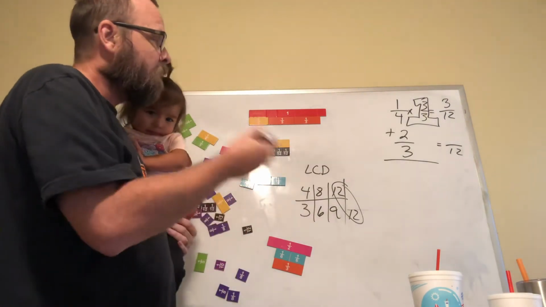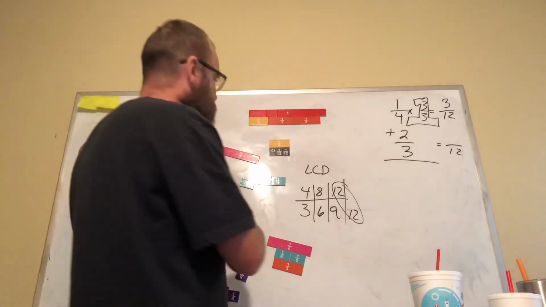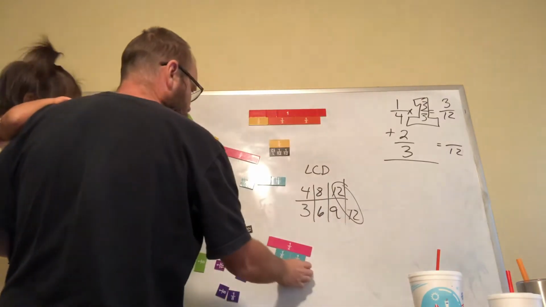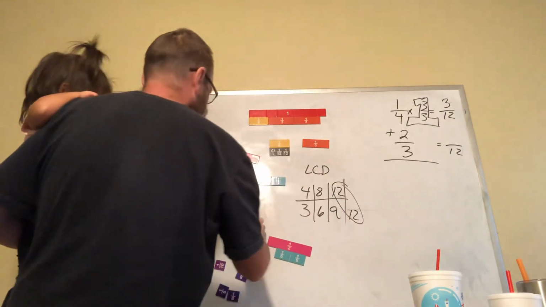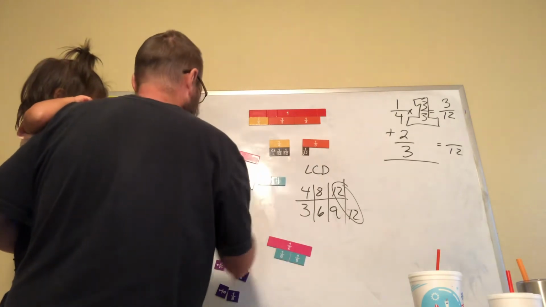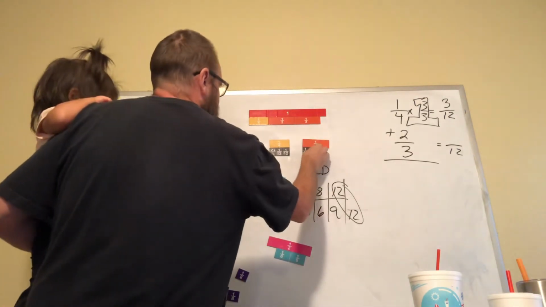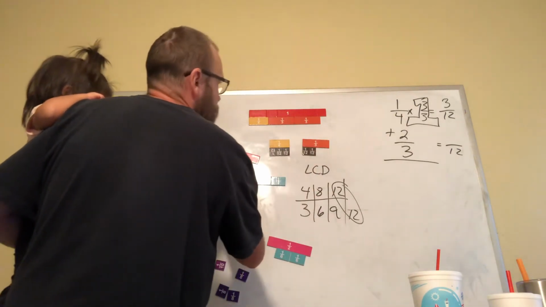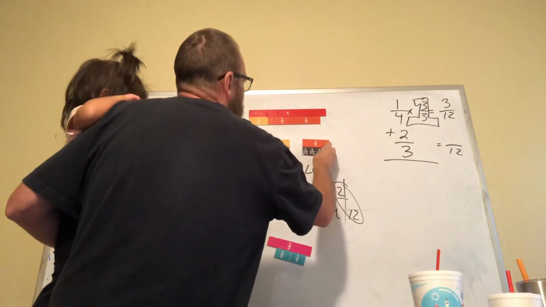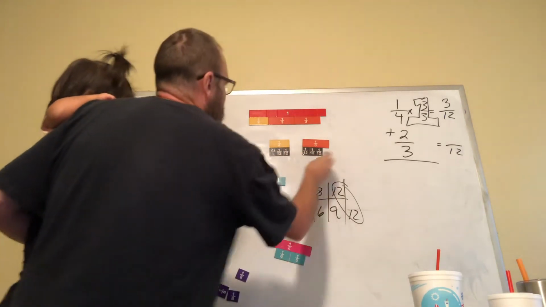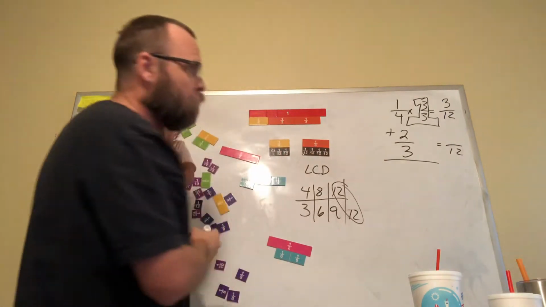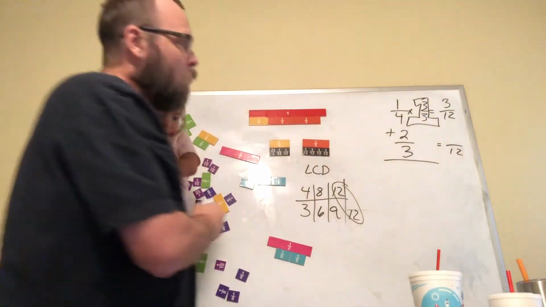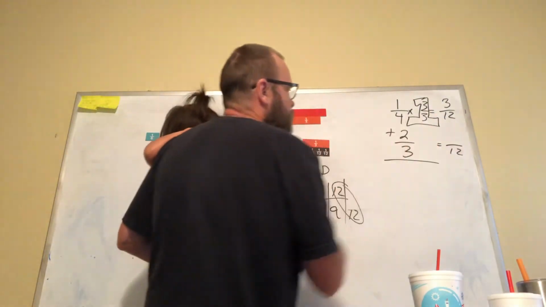Now I need to do the same thing with 2/3. So I could take 1/3, and I could see how many 12ths are in 1/3. Three. And 1/3 equals 4/12. So I know this has to be a 4 over here.